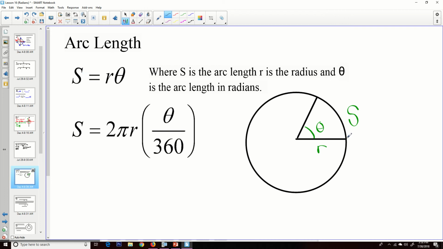The circumference is all the way around, right? So if I were trying to find C, I still have my R there, but my theta all the way around is 2 pi. Hence, circumference is 2 pi R. You always put your constants in front. Now, if theta is in degrees, you start with your 2 pi R, and then you do a conversion factor, theta over 360. And that's how you move on from that.